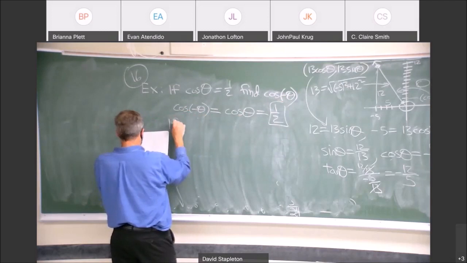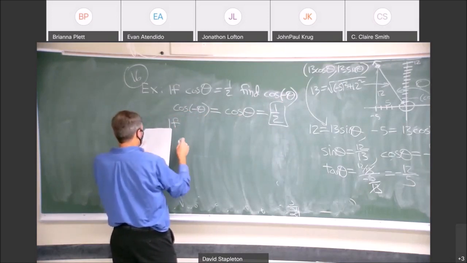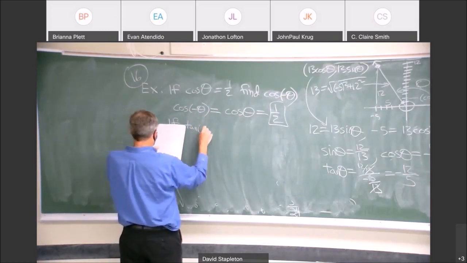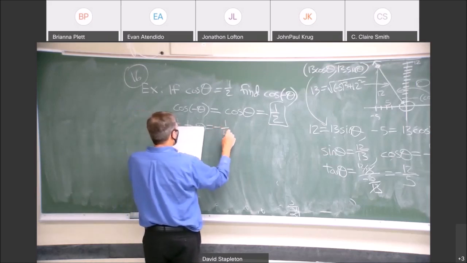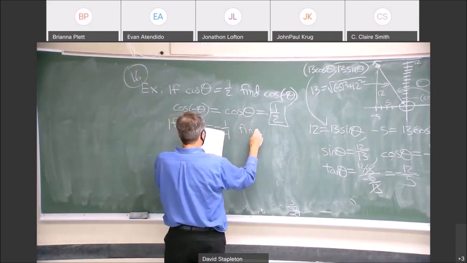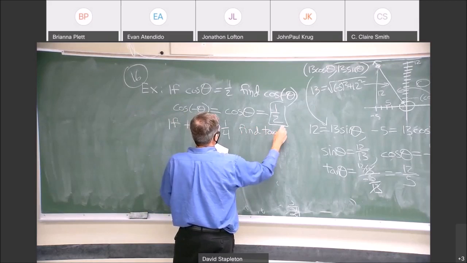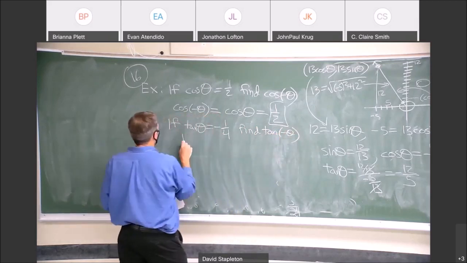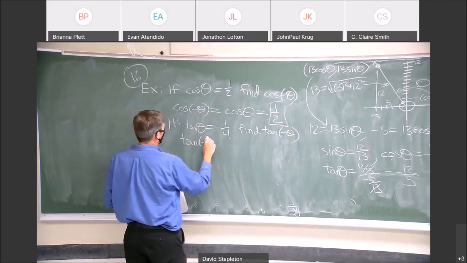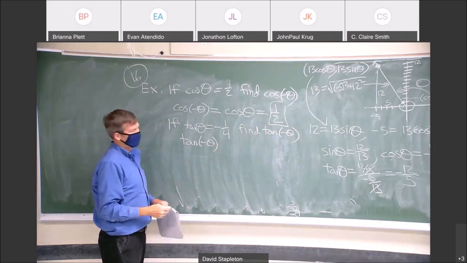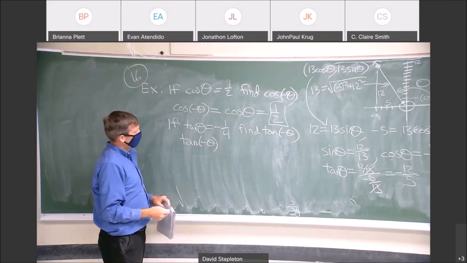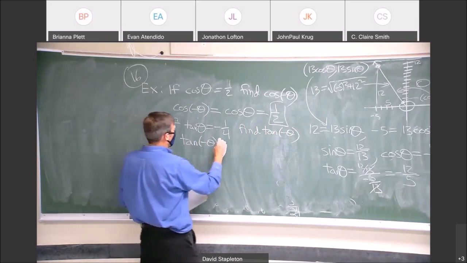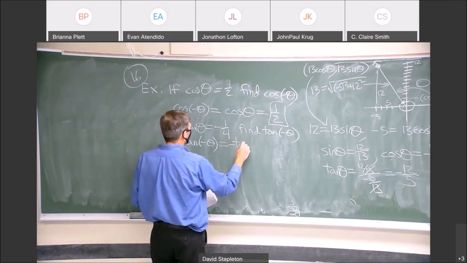How about this one? This is the next one here. If tangent theta is minus 1/4, find tangent of minus theta. Tangent of minus theta is what? Yeah, and the minus comes out, right? It's an odd function.